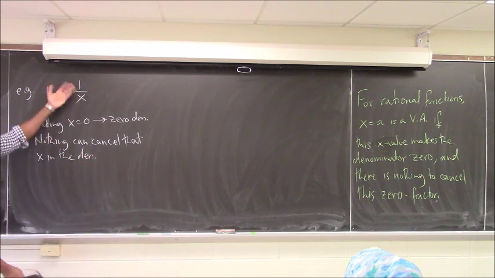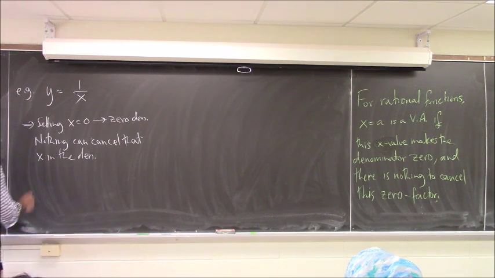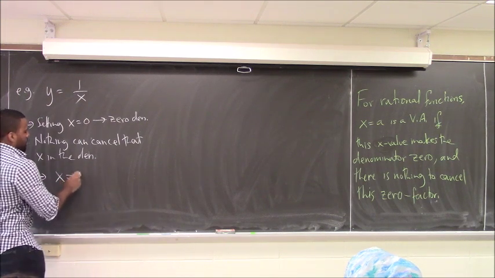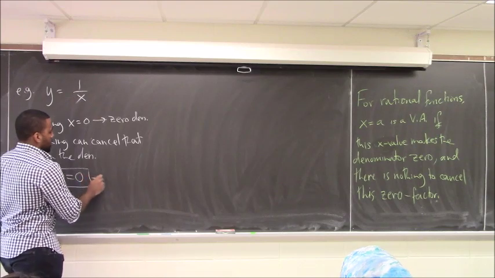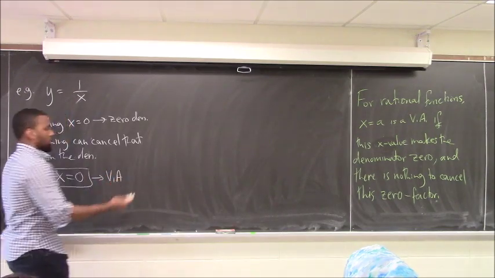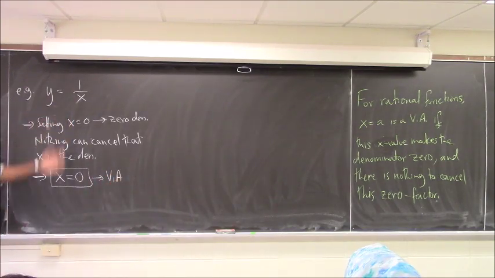Right? So I can't simplify this to cancel the x so that I don't divide by 0. That means x equals 0 is a vertical asymptote. X equals 0 makes the denominator 0, and there's no way you can kind of stop that.